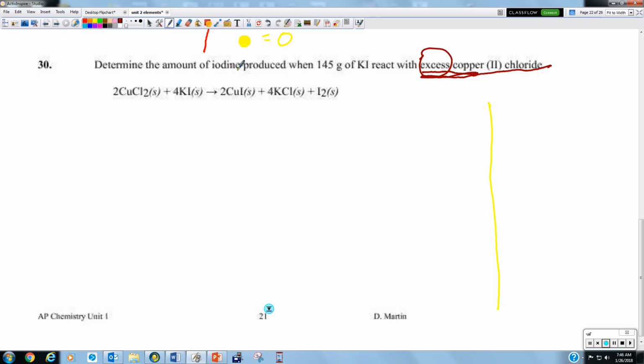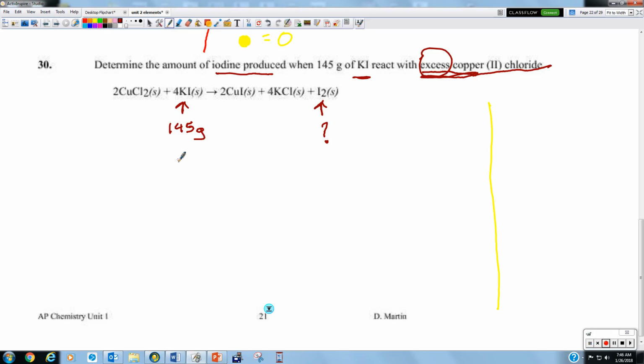So what we need to look at is we want to know how much iodine is produced. This is the one we want to know. This is the one that we know. We have 145 grams of it.